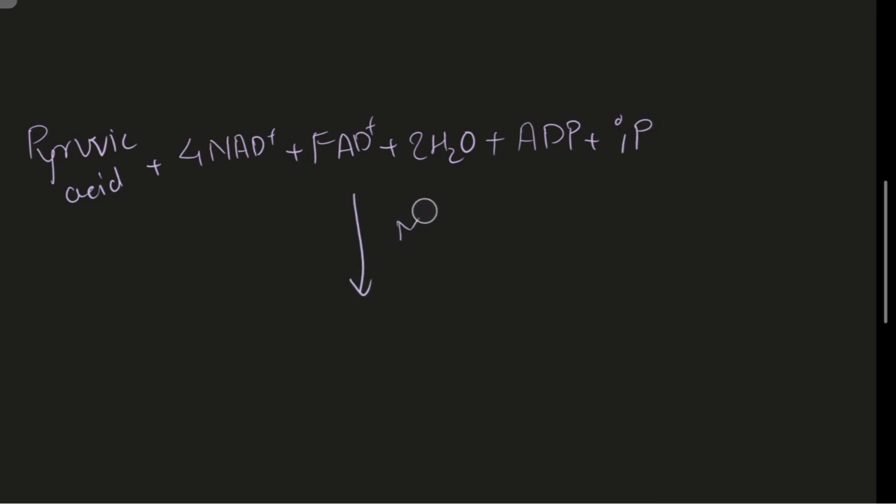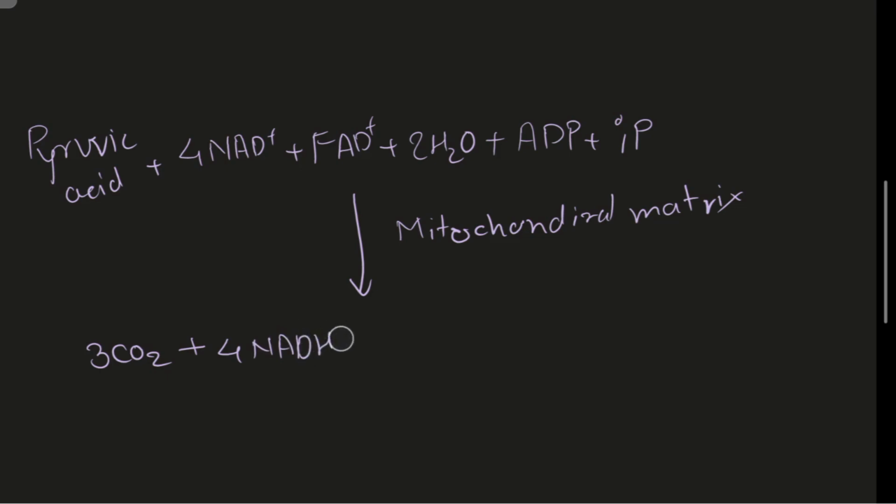In presence of the mitochondrial matrix, we get 3 molecules of CO2, 4 NADH plus 4H+, FADH2 and ATP molecules.